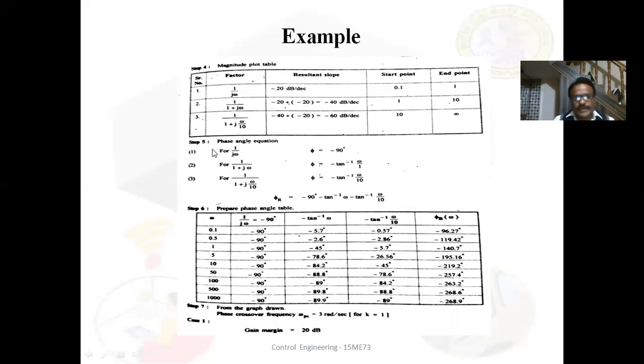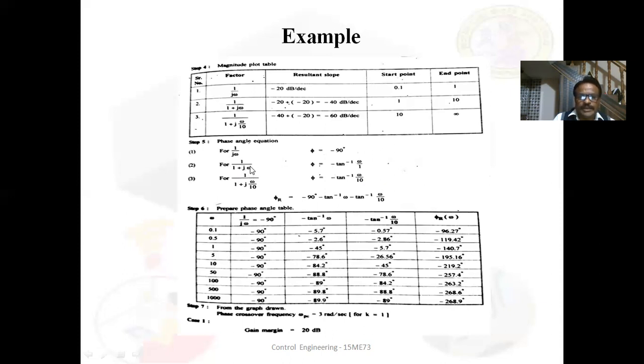Then coming to the phase angle equation. You have to tabulate the phase with respect to the omega value to construct the phase angle plot. The phase angle for 1 by j omega, as we already discussed, is minus 90 degrees. Then for the first order pole 1 by 1 plus j omega, it is minus tan inverse of omega by 1.